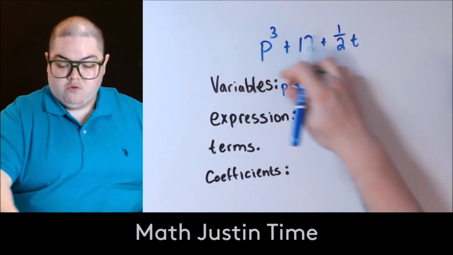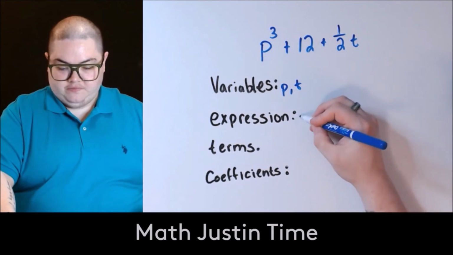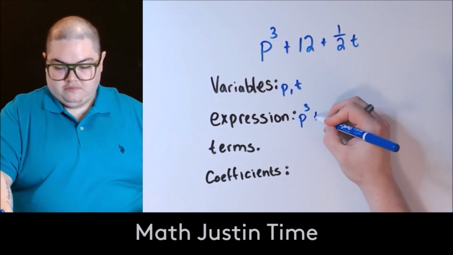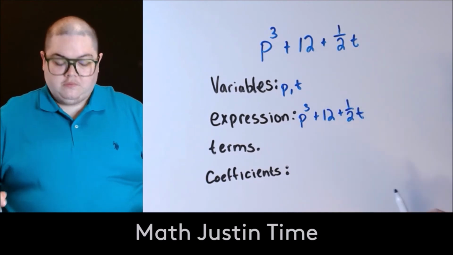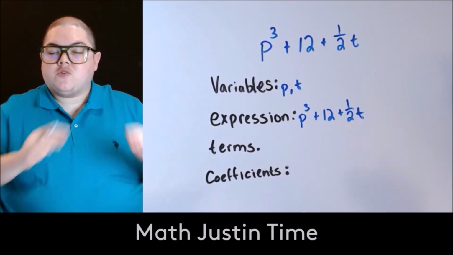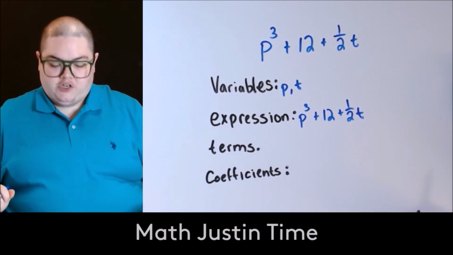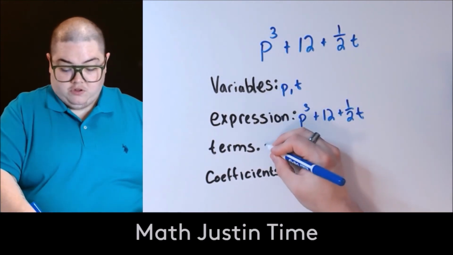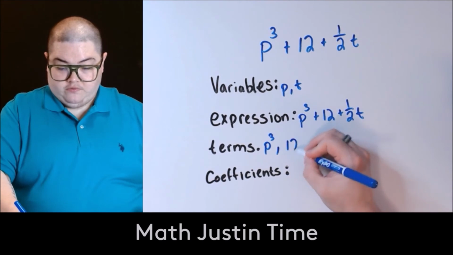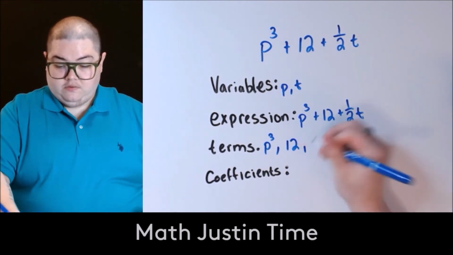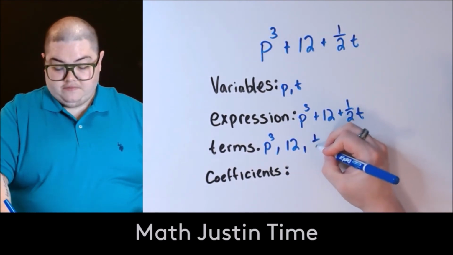So this whole thing is an expression. What about terms? Terms are the little bitty parts of an expression. So we have p cubed, we have 12, and we have 1/2 t.